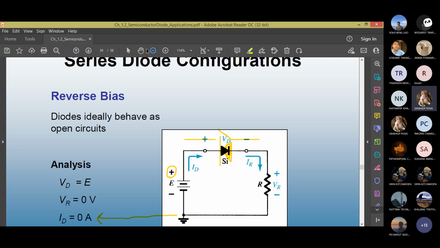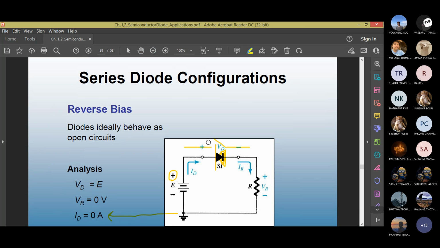Okay, first of all, in this slide, there is a mistake. This picture is a mistake. This one is putting a diode in forward bias, but this is talking about reverse bias. So forget about the diode symbol. The diode symbol is like this. This is the anode, which is the plus terminal. This is the cathode.